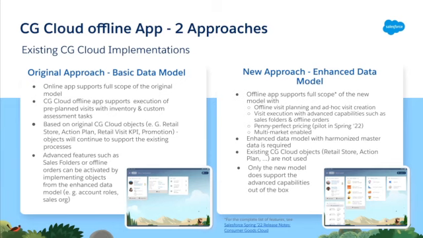Then in spring 22, we introduced an enhanced object model, which I introduced during the last couple of sessions and in the release webinars. And the enhanced data model is supporting advanced business capabilities.